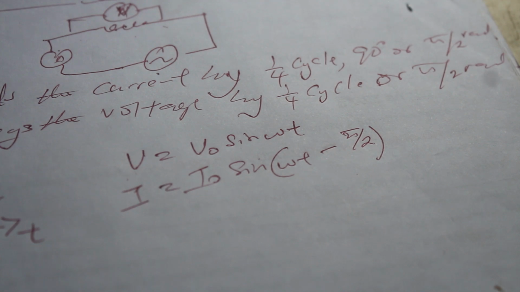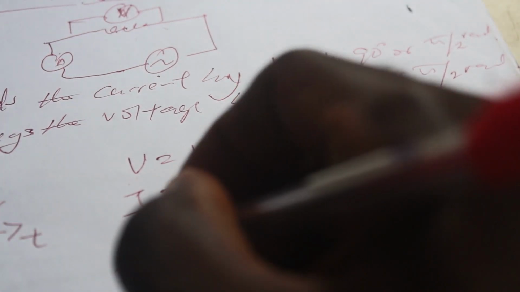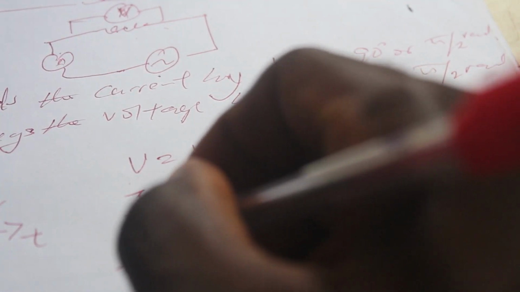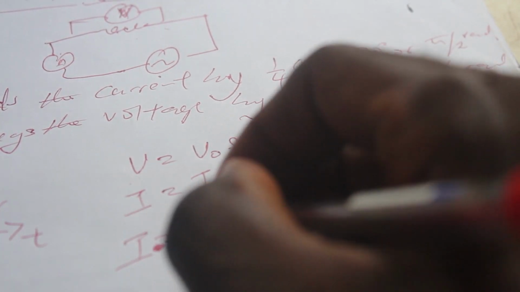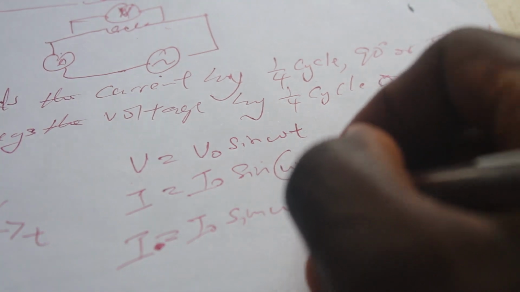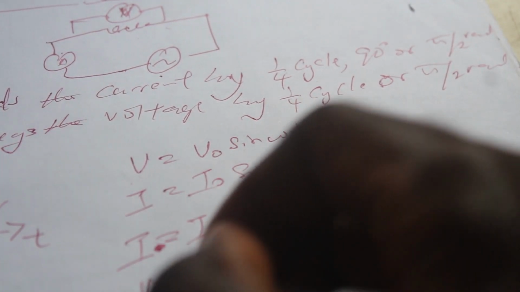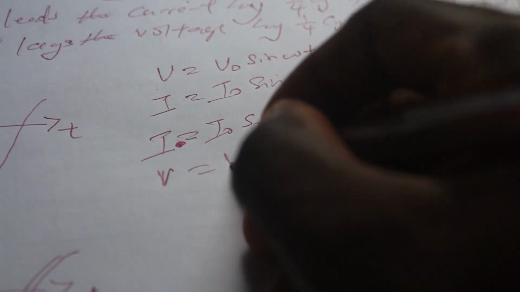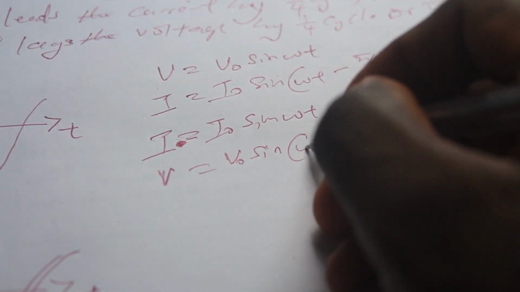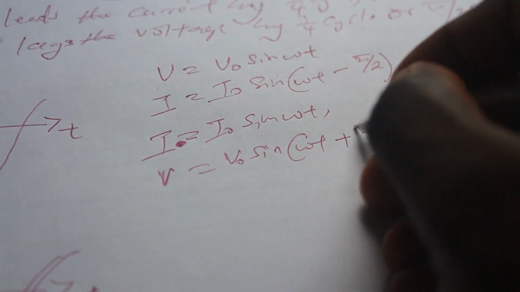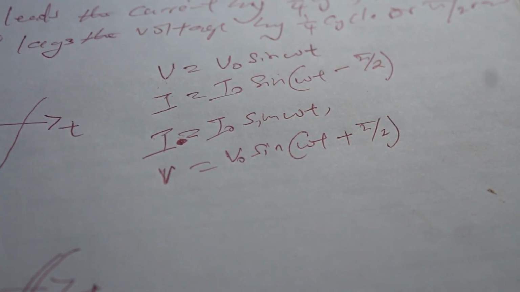And if we give the current to be I0 sine omega t, it means that the voltage, since it leads the current, is going to be V0 sine omega t plus pi over 2 radian. You see?